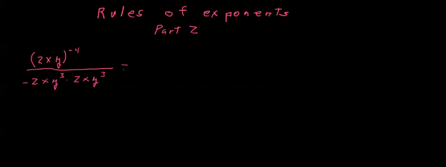Alright, as we looked at yesterday, first thing you want to do is clean up the numerator, clean up the denominator. Look at each one separately. So here on the numerator, I have 2 raised to the negative 4th, x to the negative 4, y to the negative 4.